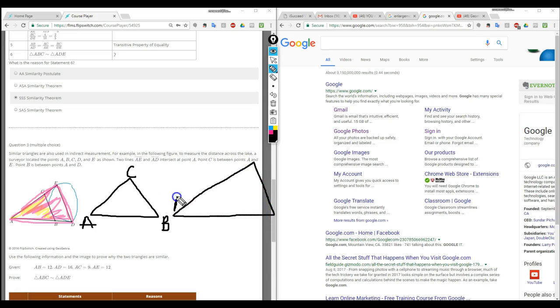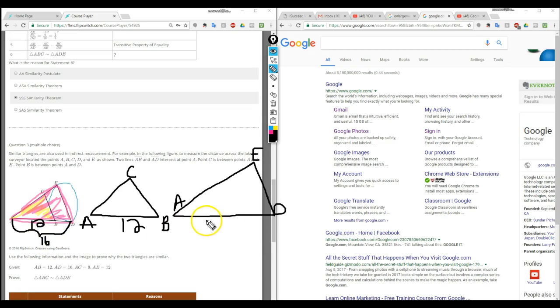And this point was A, B, C, and use the given information. Alright, A to B is 12. So A to B is 12. A to D, this total length, is 16.